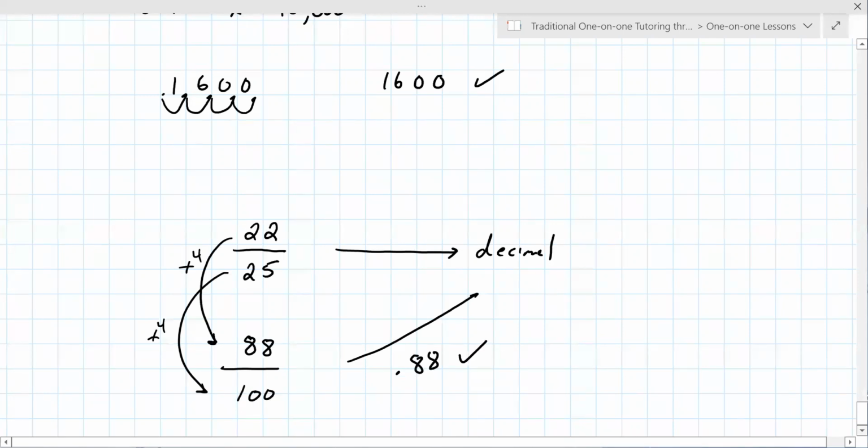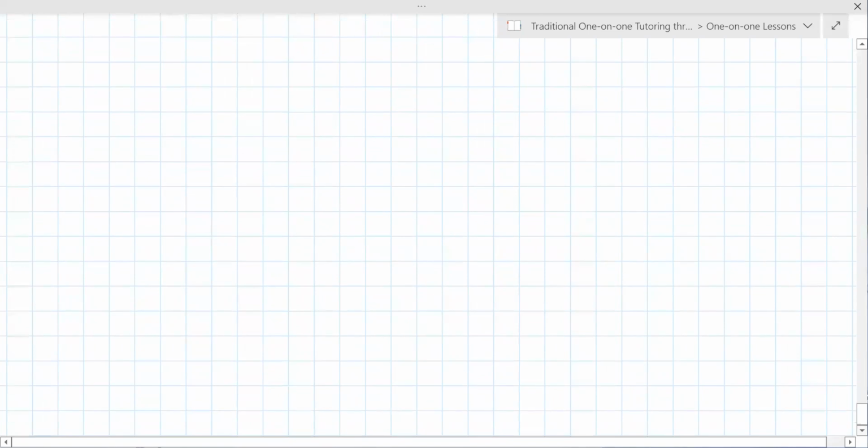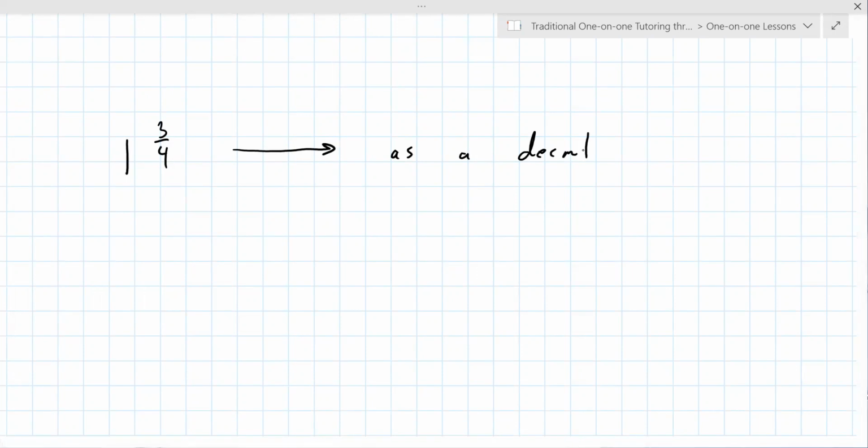Okay. All right. So let me give you the harder one now. Let's say it's 1 3/4. I want you to tell me what this is as a decimal. So a couple ways to do this.